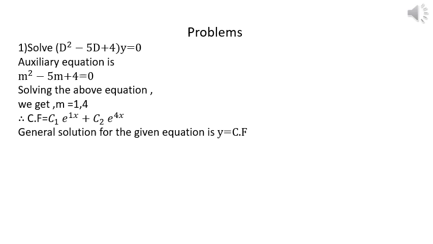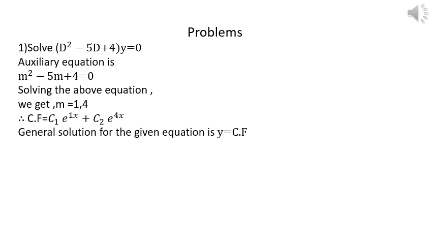Therefore, what we are given is a second order differential equation. Next, the coefficient of y is 4, the coefficient of dy is minus 5, the coefficient of d square y is 1.